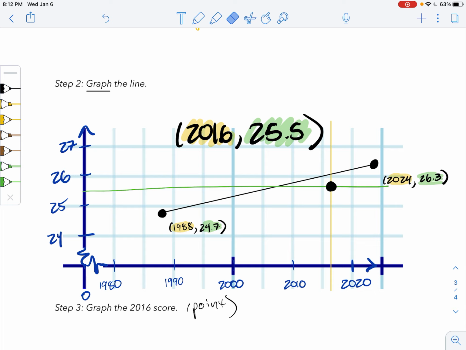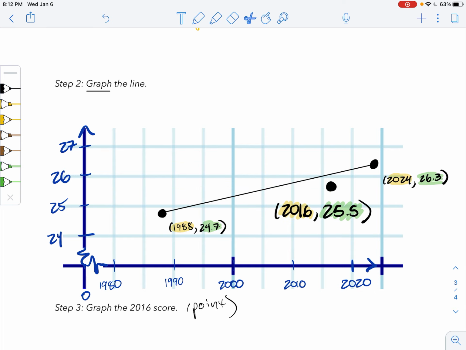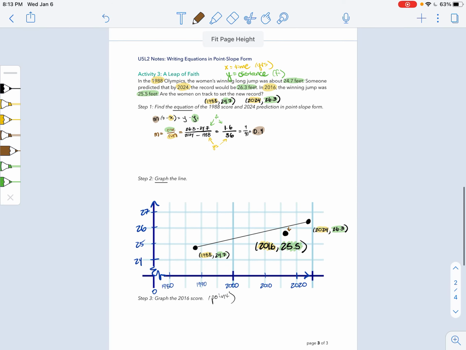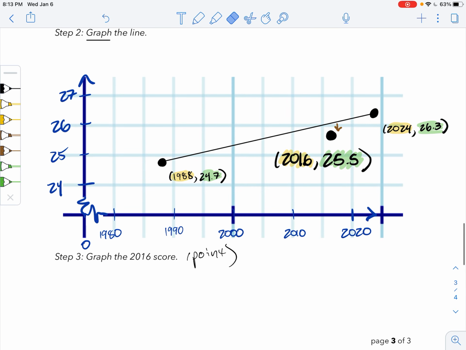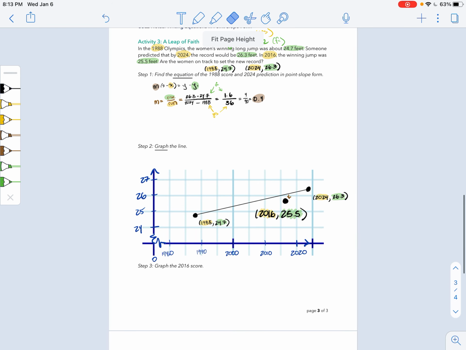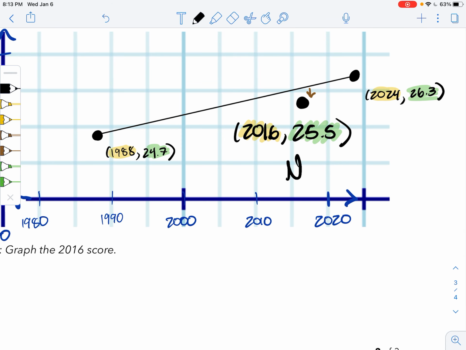Why isn't that a good sign? Because if we want to be on track, we need to be on the line or even above it because we want to do better, right? But because we are underneath the line, we are not on track. Oh no. That's okay. Work hard. It's been a rough year. Ta-da! So the question is, are the women on track to set the new record? No. They're too low. But we still believe in you.